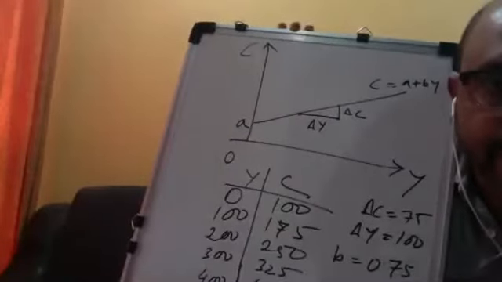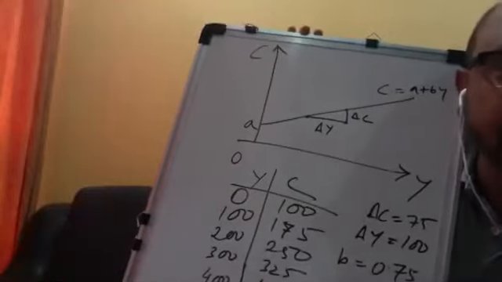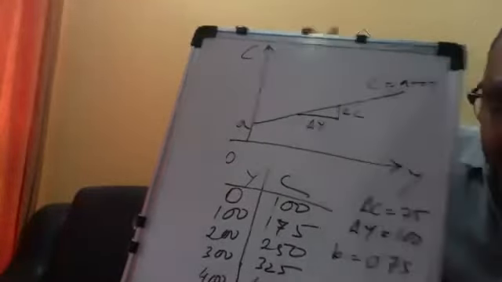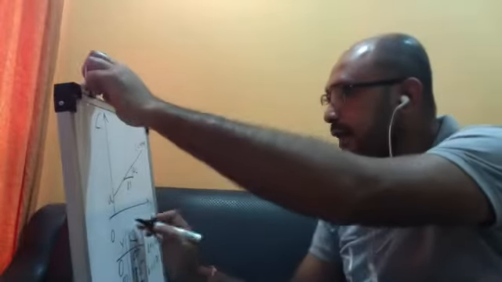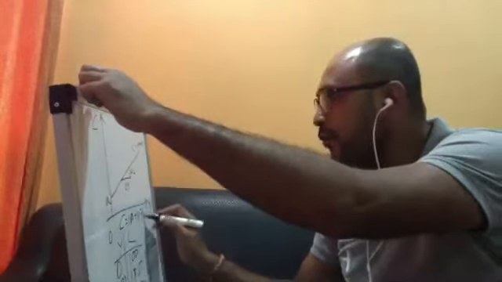No, sir. What is the value of A? 100. So actually for this schedule, C is equal to 100 plus 0.75y. I have written it here.